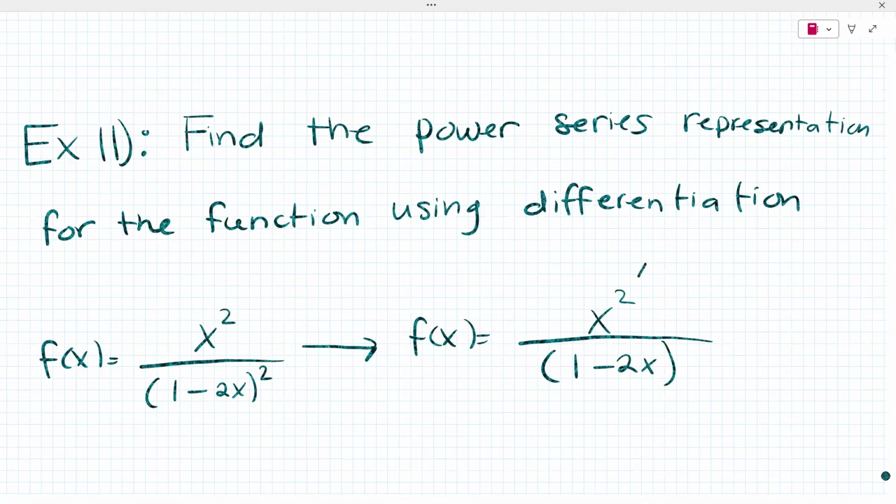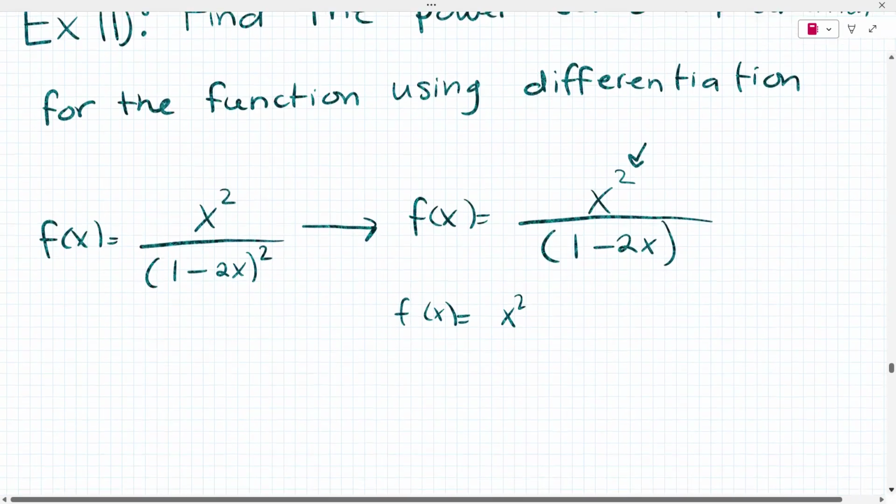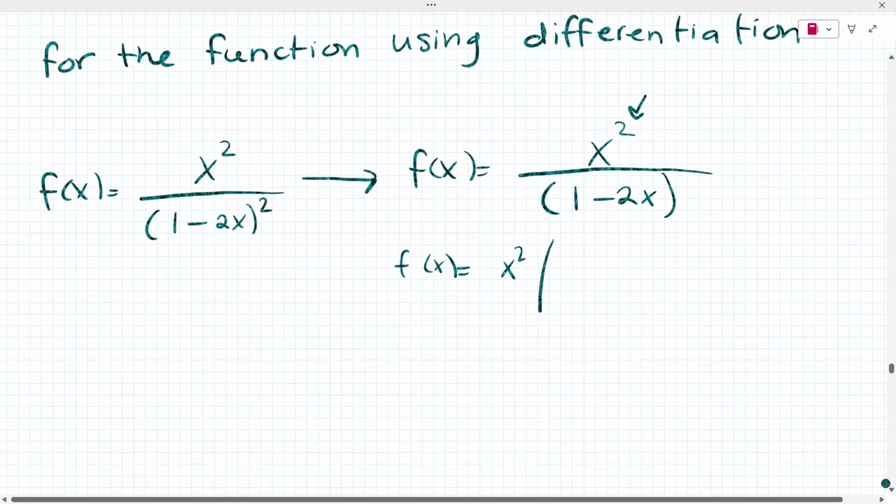So what we'll do is let's start right here. I want to make this x squared into a 1. So what I will do is factor out that x squared. And I get 1 over 1 minus 2x.